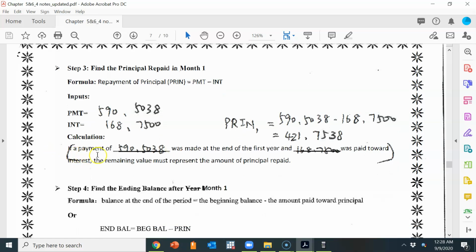If a total payment of 590 was made at the end of the first month, here we should change this to month. Let me update it later. And 168 was paid towards the interest, then the remaining value must represent the amount of principal repaid.